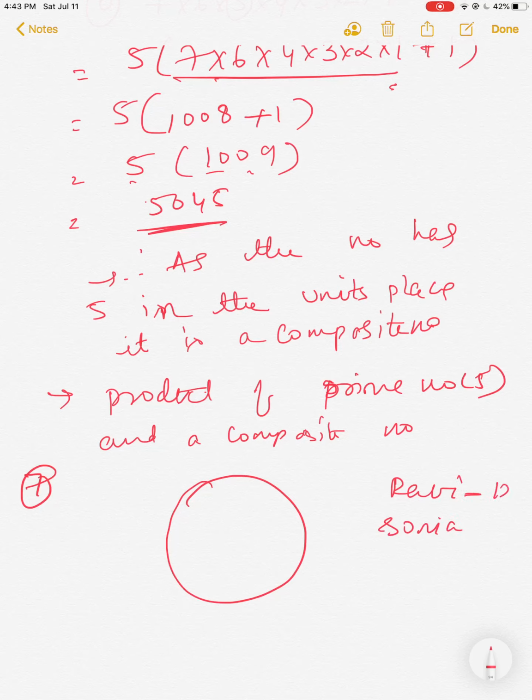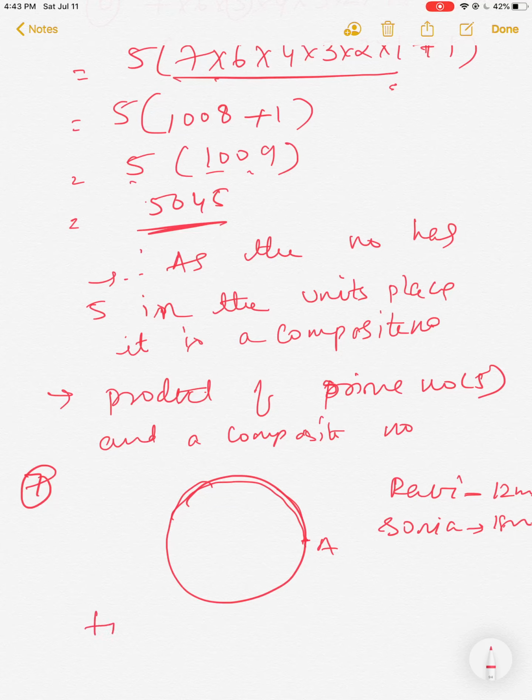Since their speeds are different, they will not move together. So at what time will they be meeting together?